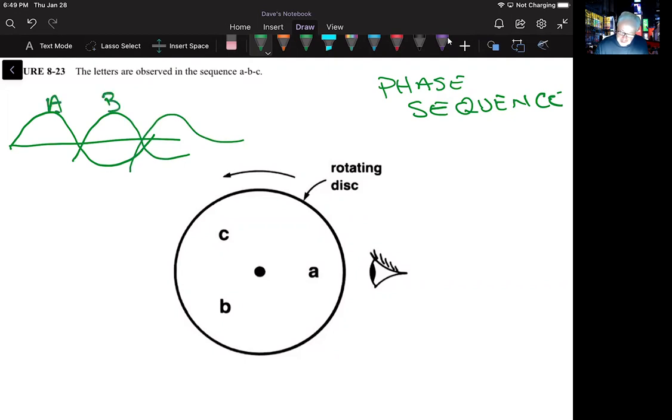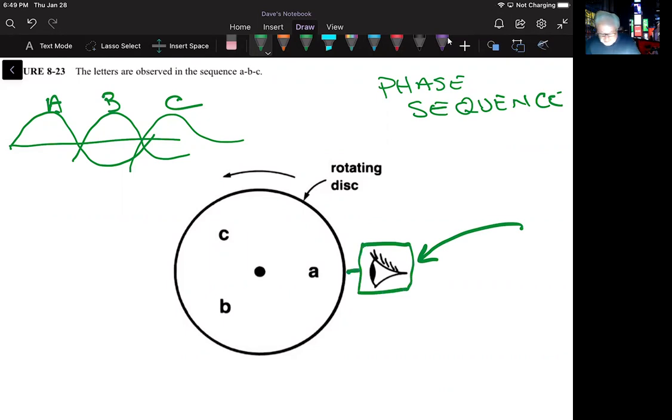Is it as they become positive, A, B, and C? Or could it be B, A, and C? Or could it be C, B, and A? There's different possibilities there. And so he goes through with this analogy here in this figure 823, and he says sort of an intuitive understanding of what's going on is I'm looking at this, this is me, and there's my eye, and I would usually have reading glasses on.